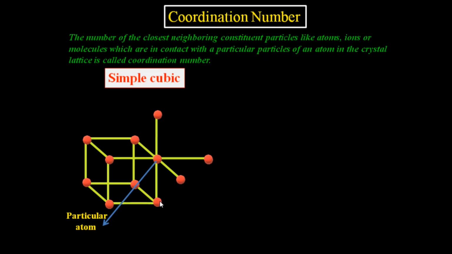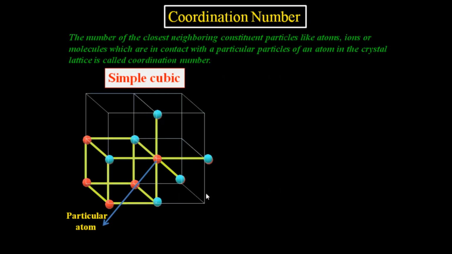And 3 from neighboring unit cells, that means 1, 2, 3. These 3 are from the neighboring unit cells. Here we see, this is from this unit cell like this. These 3 are from 3 neighboring unit cells.